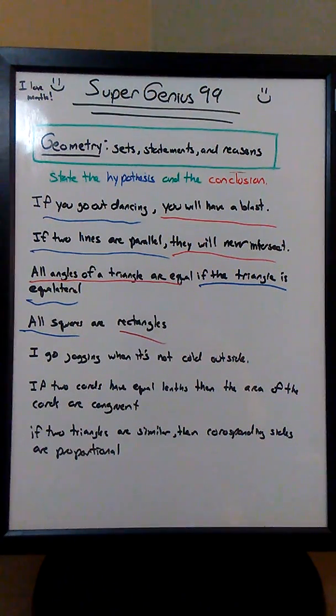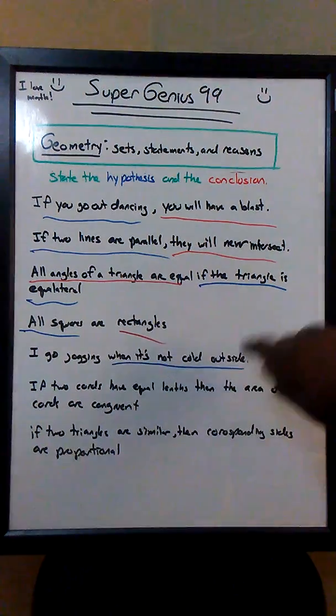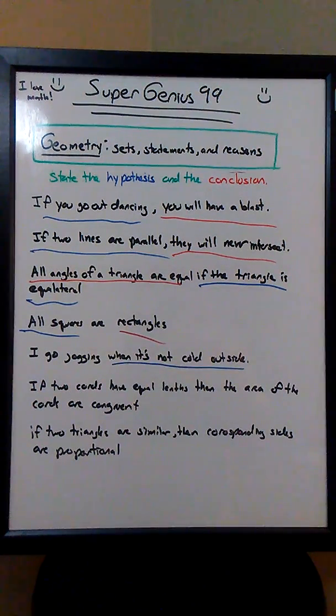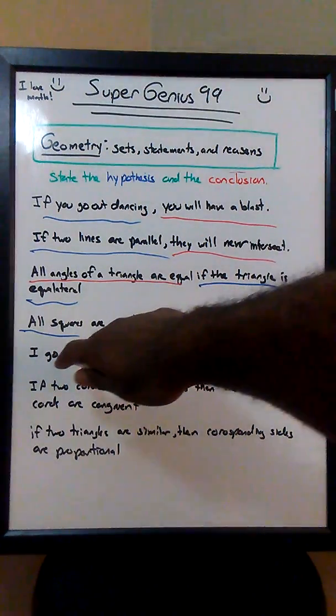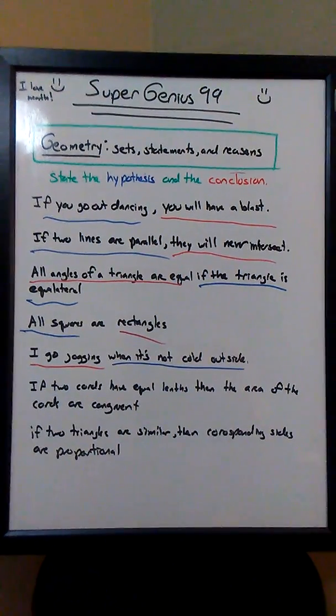Well, the condition is when it's not cold outside. Okay. So that's kind of like the action, and the reaction would be I go jogging. Okay. Let's look at that one.